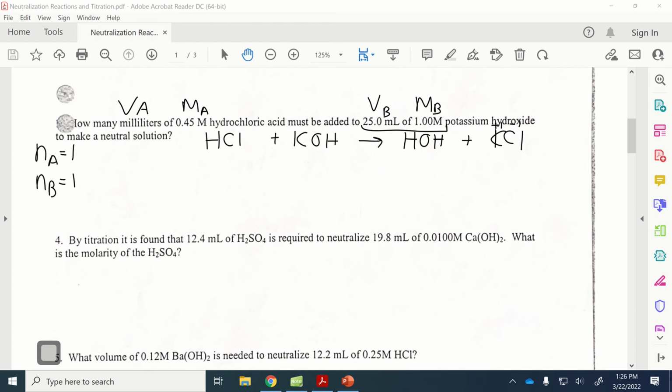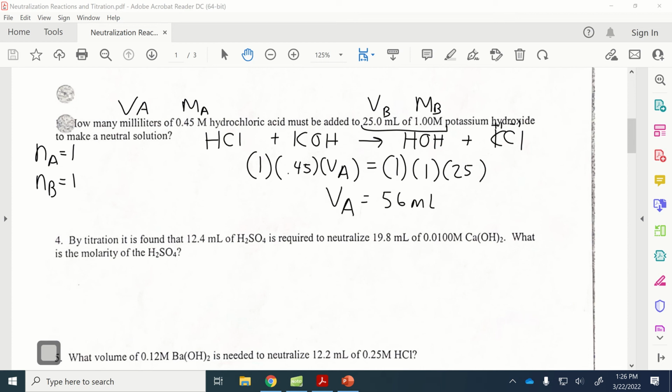So for this one, we can kind of ignore those. I mean, I'll still put them in the problem. It's 1 times 0.45 times Va will equal 1 times 1 times 25. So in the end, it's just 25 divided by 0.45. I'm going to need a volume of 56 milliliters of acid in the end.